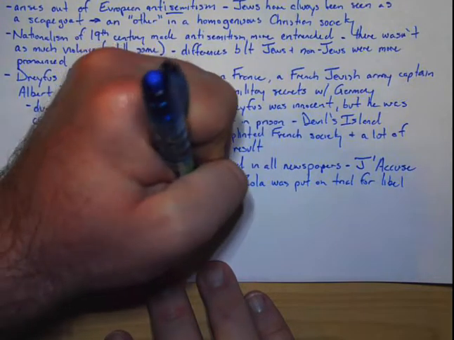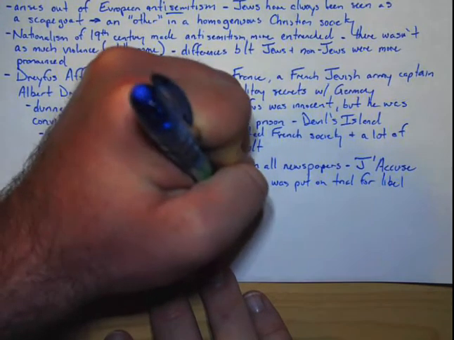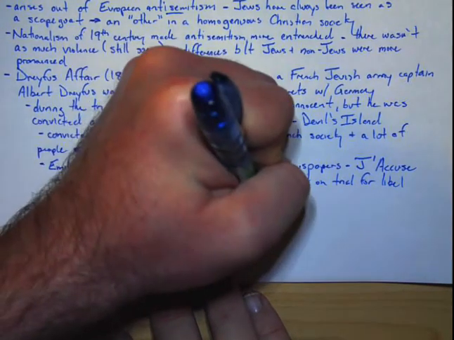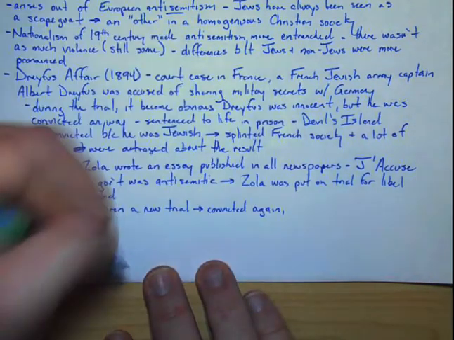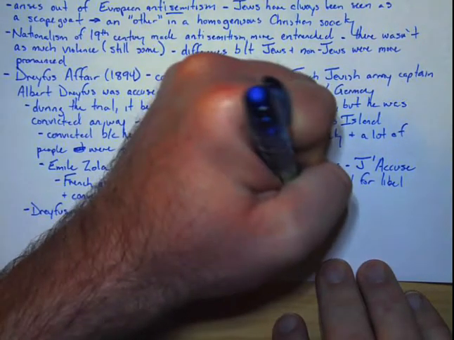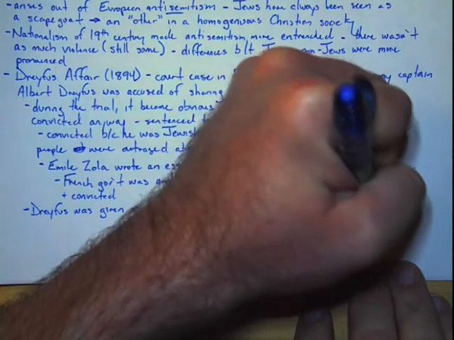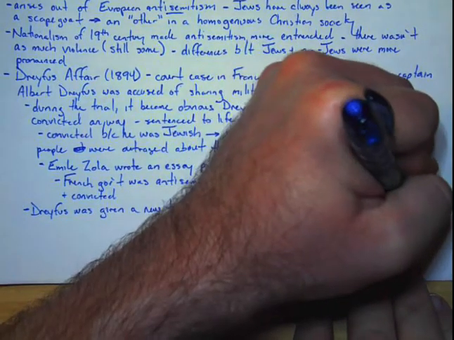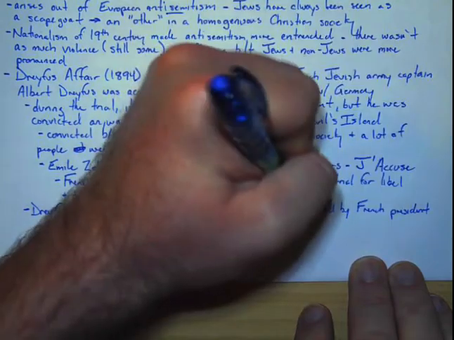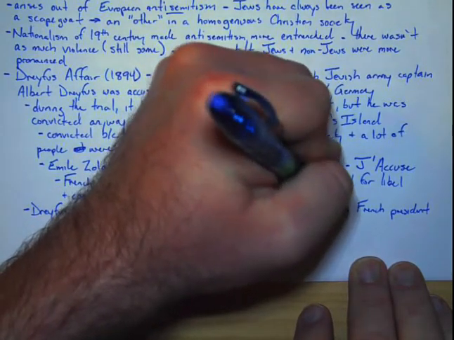And he was convicted again. But this time he was pardoned by the French president. And this happened in 1899.